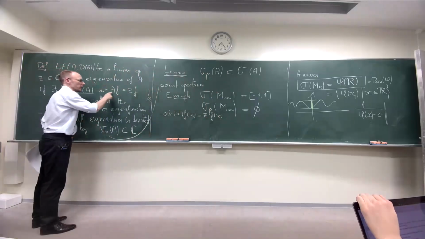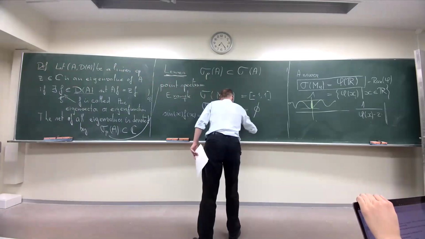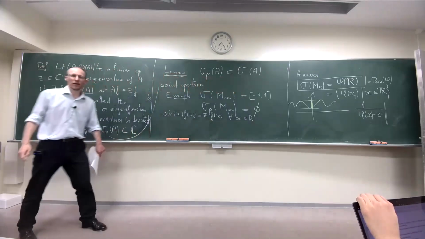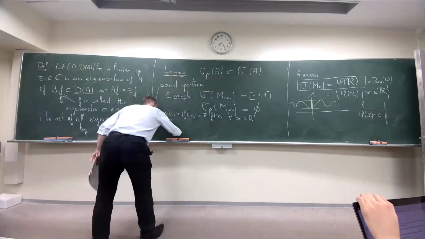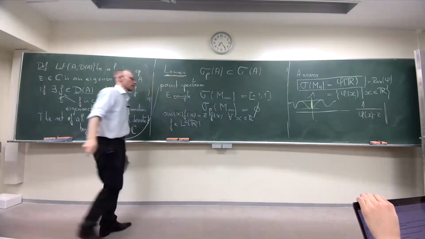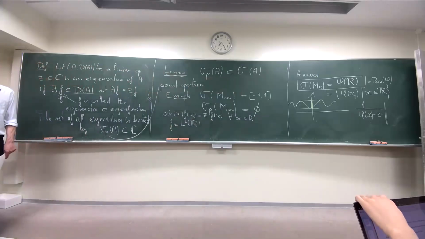It's an equality as functions for any x belonging to R, and f is in L2 of R. Can you find a z which satisfies this for all x? If you are able to do it, you are very strong, but no, it's not possible.